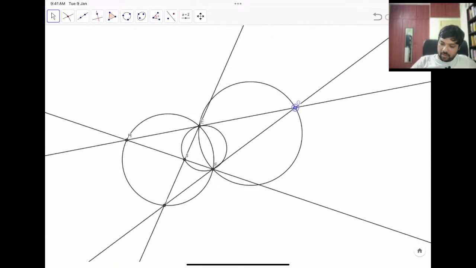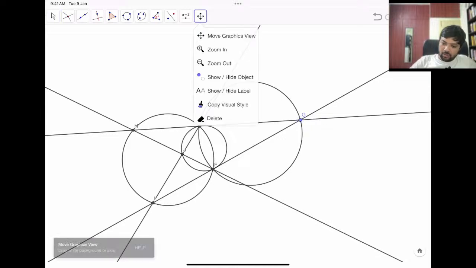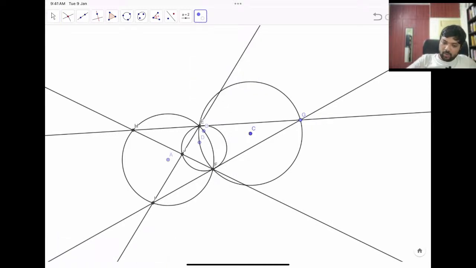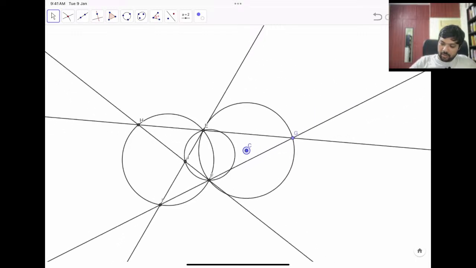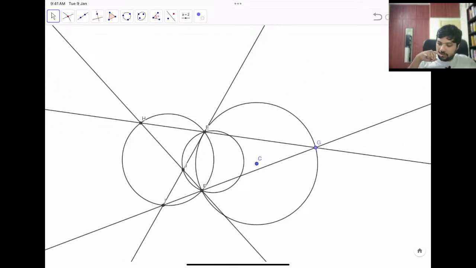What is this angle? Show hidden object. Let's move the center a bit. Yeah, this is a BMO problem. So what is Rishan saying? The line joining the two intersection centers, just to help, I guess.